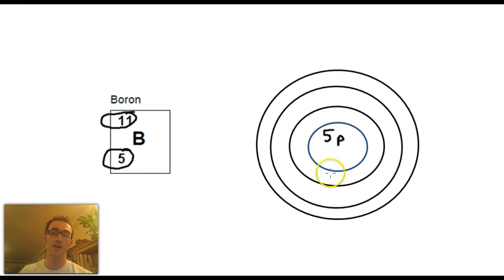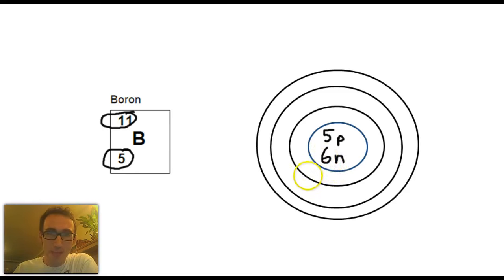If you remember, the nucleus of an atom has protons and also neutrons. And to find the number of neutrons, you take the atomic mass and subtract the atomic number. So therefore we would have 6 neutrons. Okay, so that's the start of the Bohr diagram.